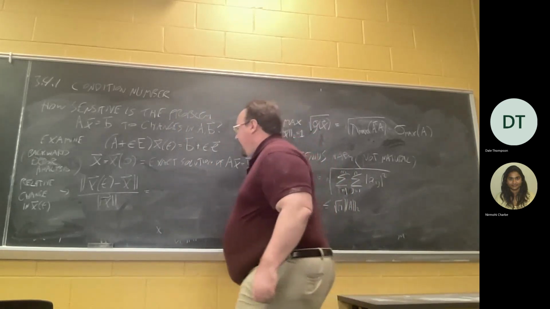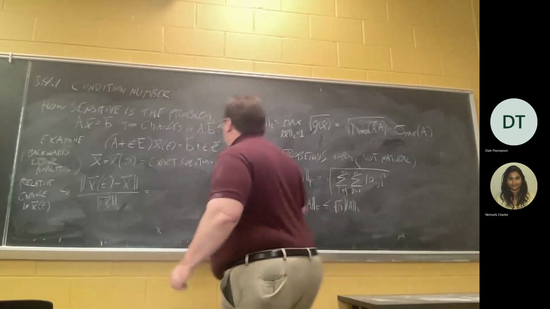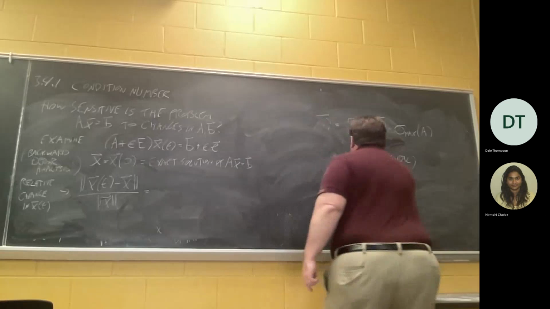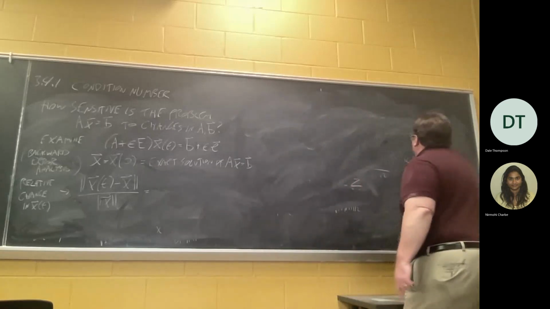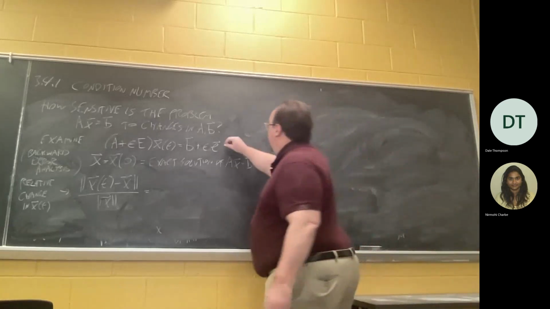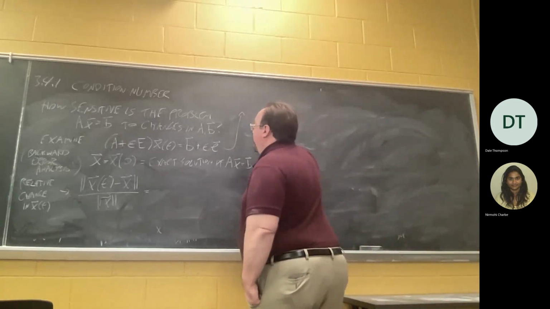Now what I can do is take this perturbed equation and rearrange it in such a way as to isolate X of epsilon. So I'll just write it off to the side here.